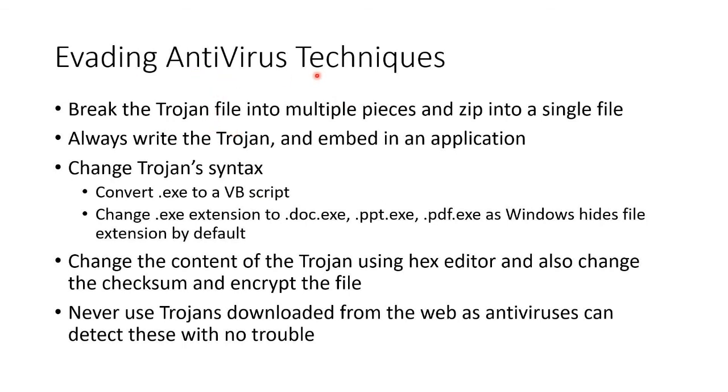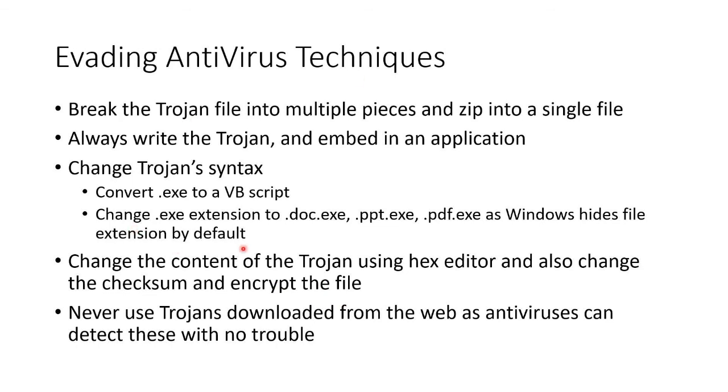To evade antivirus techniques, most of these Trojan builders have some way of either breaking the Trojan up into multiple pieces, or changing, scrambling around the code, changing an executable to maybe a VB script, or changing the extension to something else, to hide the file extensions, to change the content with like a hex editor.